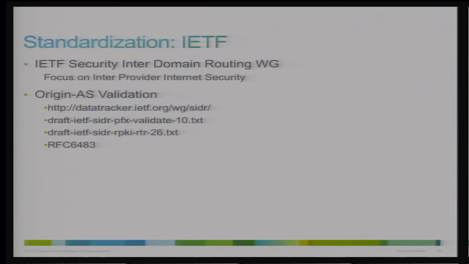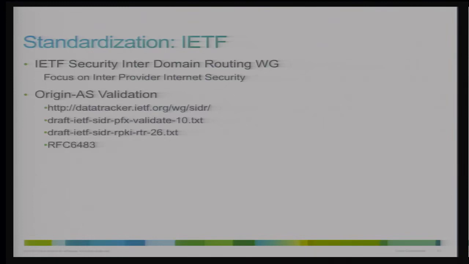So what is the origin AS validation? It's being worked on by the IETF Secure Inter-Domain Routing Working Group. Some of these are actually RFCs. I haven't updated it, but some of these are already RFCs, even though they show as drafts there.